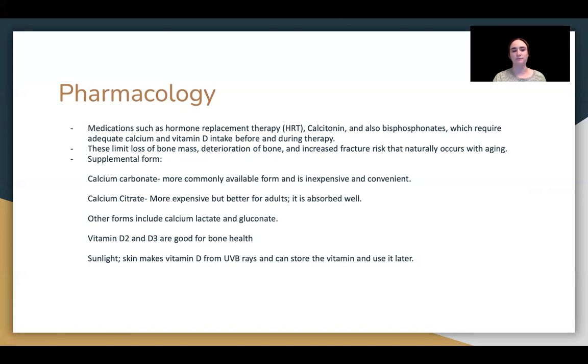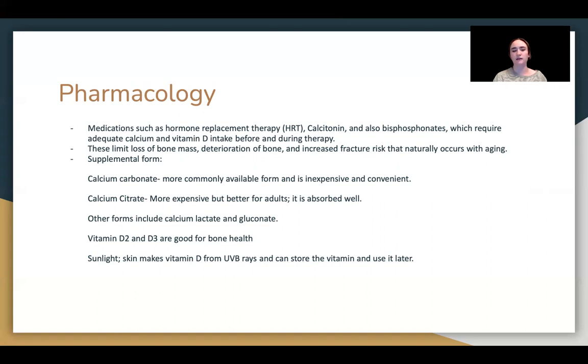So some supplemental forms could be calcium carbonate, which is more commonly available, inexpensive and convenient. It's just something you can go to your local drugstore. Another one is calcium citrate, which I found to be a little bit more expensive, but better for adults because it is absorbed well.